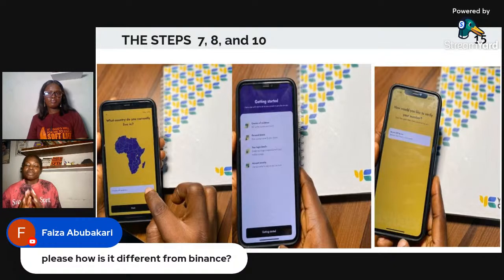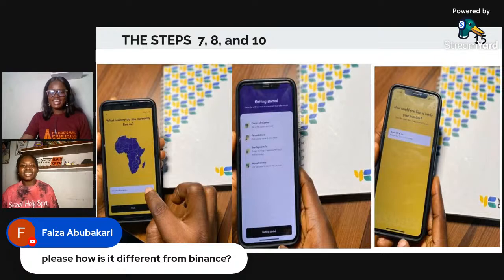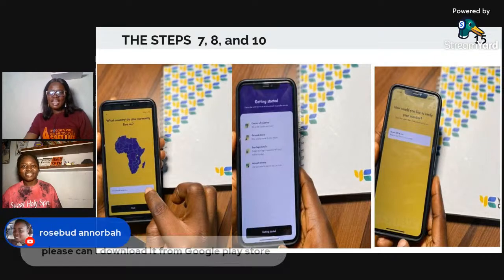So Yellow Card is very careful before they list a product on their platform. They are very sure that they have done their own research about the coin, the team, how legitimate this token is before they put it on their platform. So they don't have that much on their platform. So yeah, that's the difference. Okay. Thank you so much.